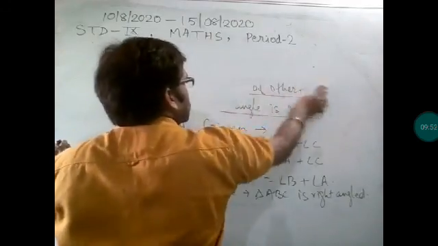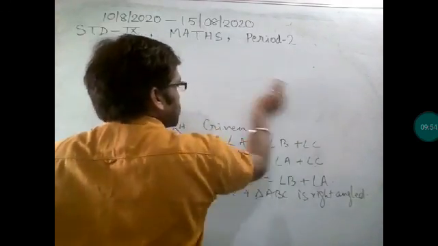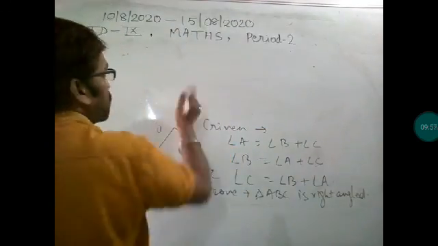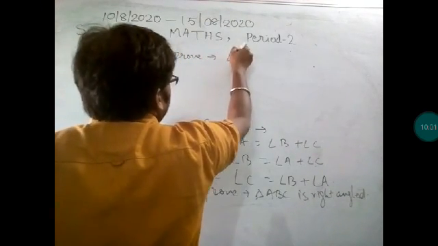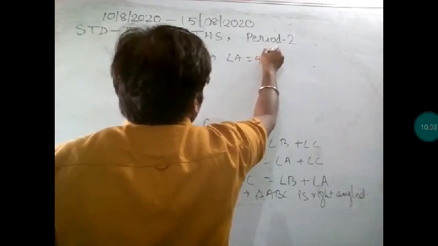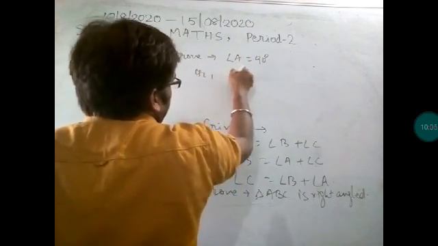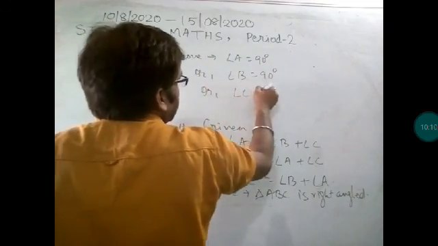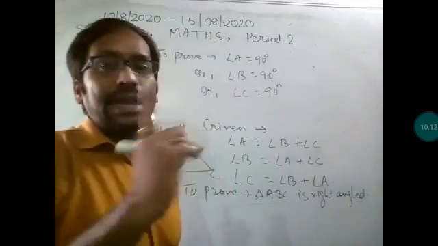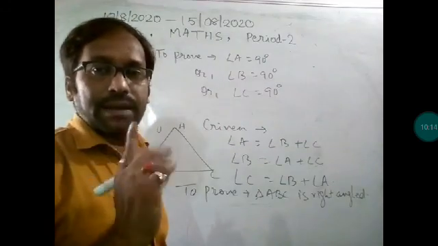So let us see how we have solved. This condition I will not erase because I want to use it. Now we have to prove that angle A is equal to 90 degree, angle B is equal to 90 degree, or angle C is equal to 90 degree. I will use the condition given here.